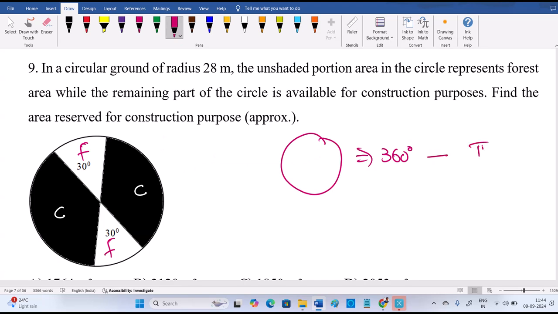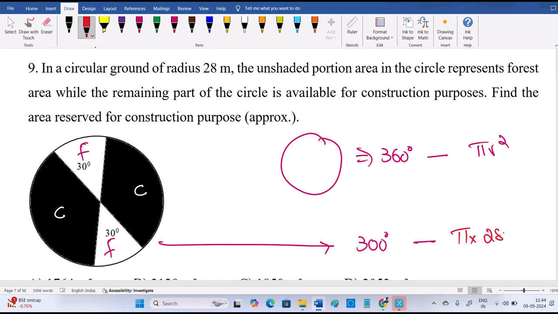Right. So construction purpose. See, total full circle 360 degrees, then area is pi r square. But here it is 300 degrees only. What is the area? Radius is given, so we can simply go with pi into 28 square.